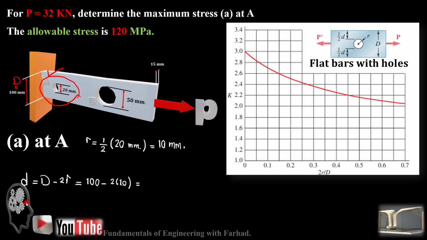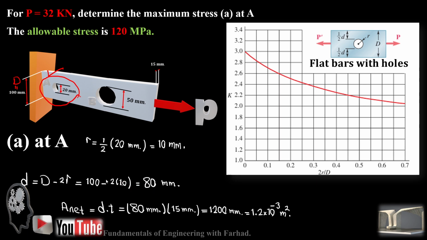Small d is equal to capital D minus 2R, and that's 100, which is the width of the plate, minus the diameter of the smaller hole, 20 millimeters, that's 80 millimeters. Net area in tension is equal to d times t.